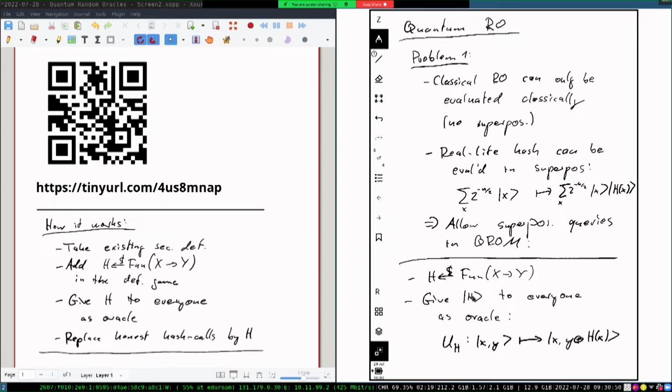There's some freedom in your modeling whether you use XOR or some other group operation, but for this talk, let's assume that the domain is a set of bit strings, and therefore you can use XOR.